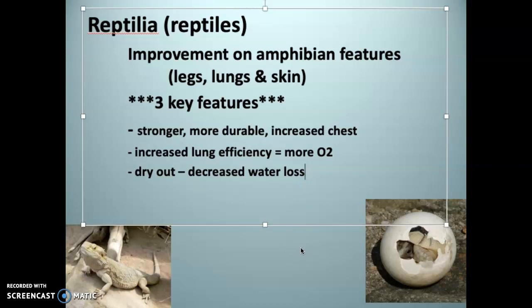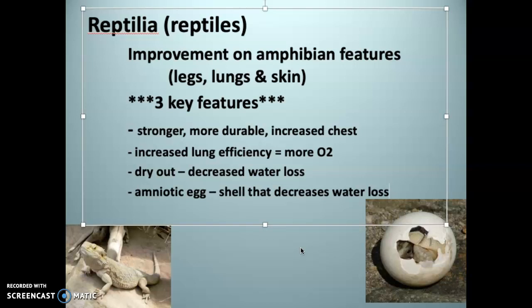One other big thing to mention that we see in reptiles and not amphibians is a thing called the amniotic egg. This shell around the egg, this amniotic fluid or amniotic structure, helps support and protect and nourish that embryo, and it decreases water loss when we're looking at the egg.